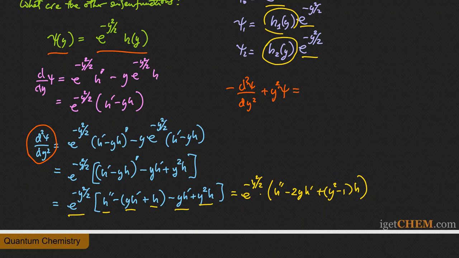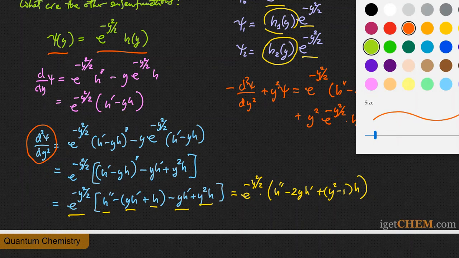And so what I will have is e to the minus y squared over 2 from the first factor, h double prime minus 2y h prime plus y squared minus 1 times h. The second factor will give me y squared times psi, which is e to the minus y squared over 2 times h. So now again, I can factor out this Gaussian factor.